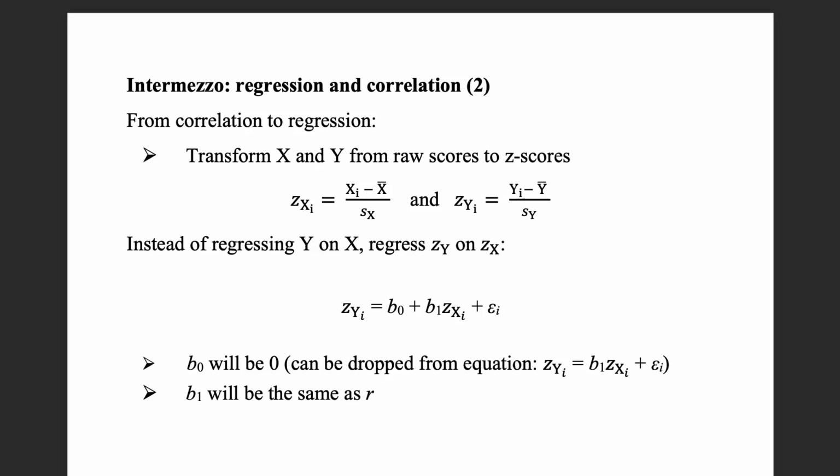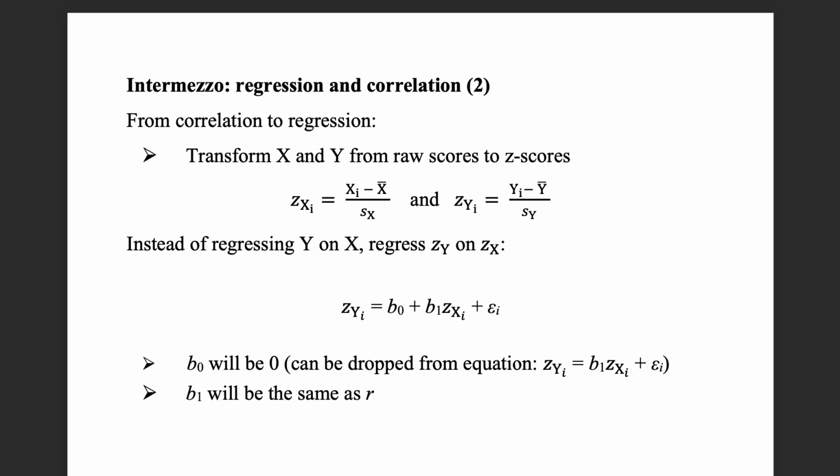It's just a different way of expressing the scales of our variables, which might be a bit of a disappointment to you, because you might have gone into this course with the idea that we're going to learn all kinds of stuff about causal analysis, and you probably also have heard quite often that correlation does not equal causation.